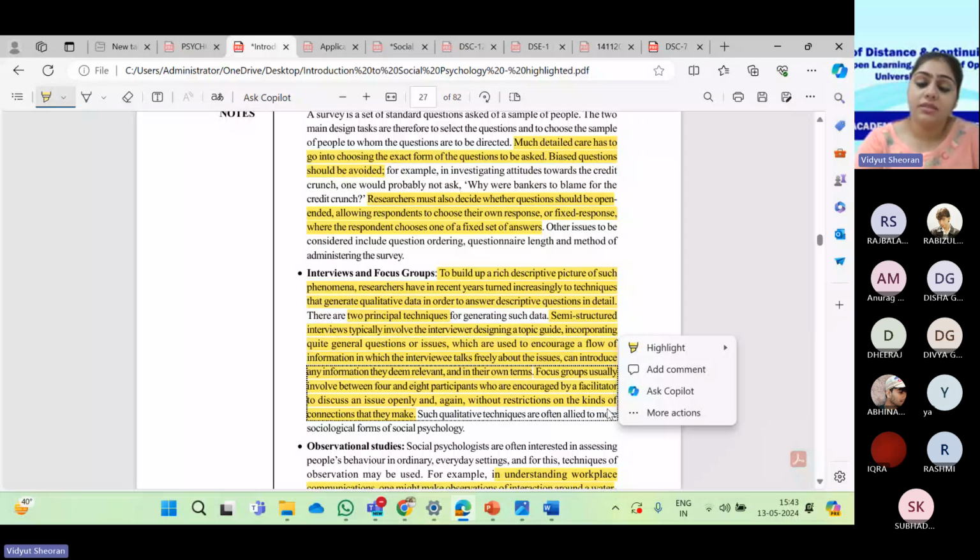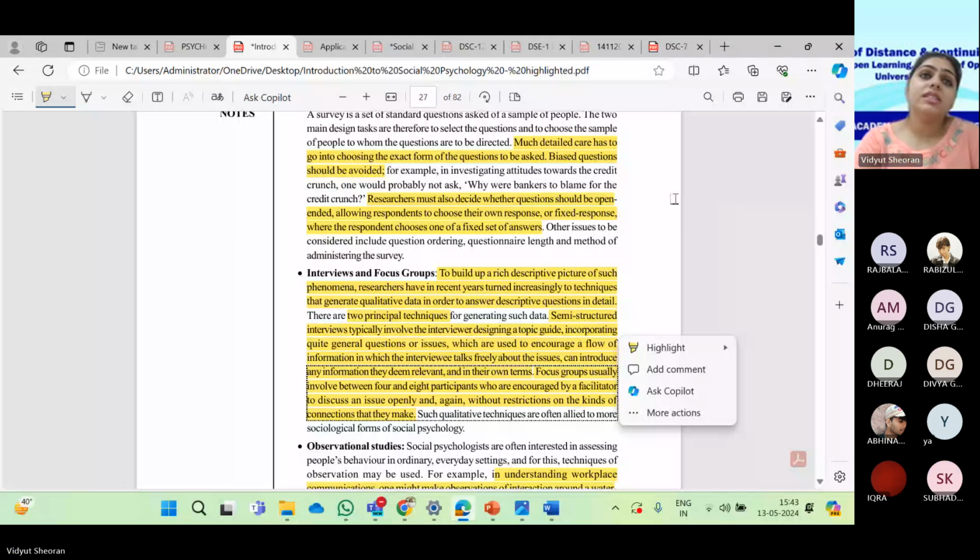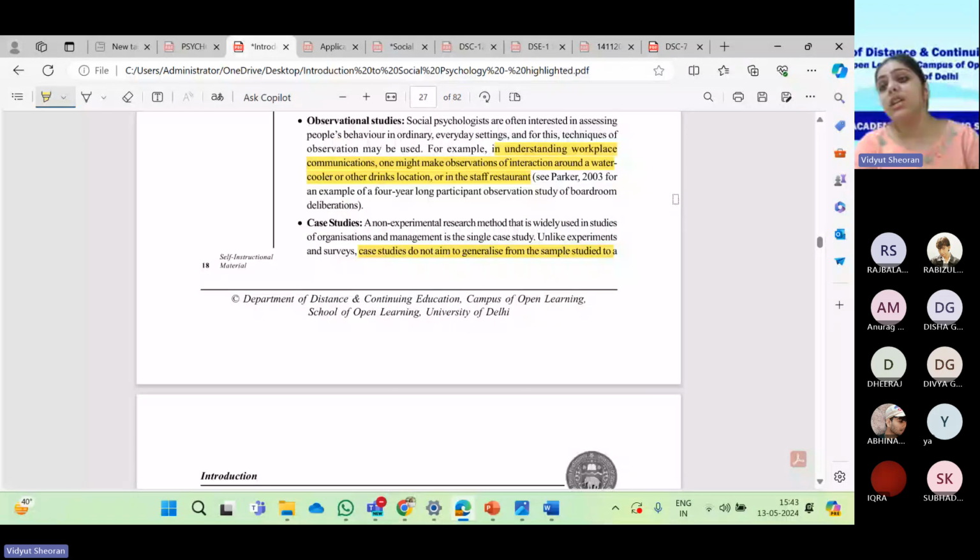Then comes case studies. Now, case studies cannot be very much generalized because case studies are limited to one person, one organization, one institution. They are not applicable to everyone. So case studies cannot be too generalized.